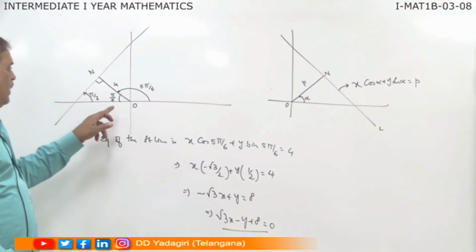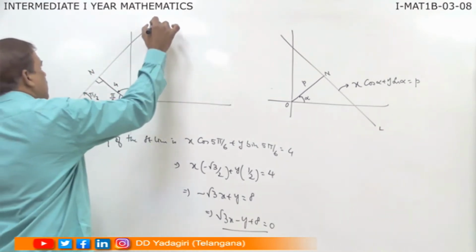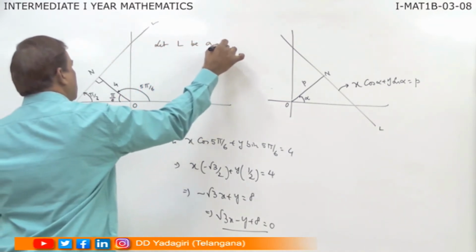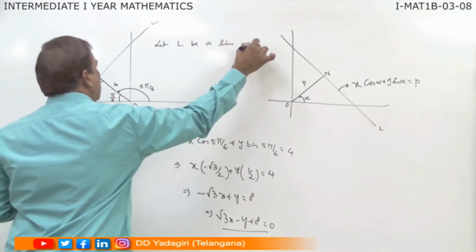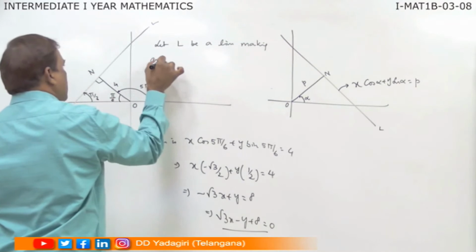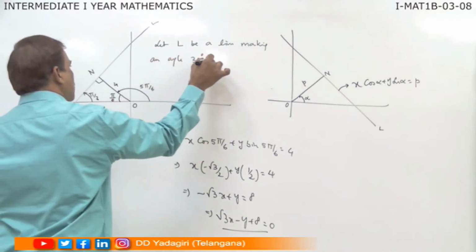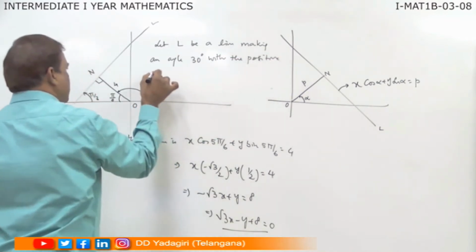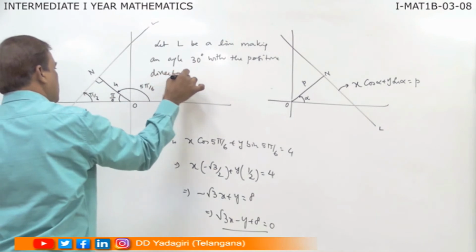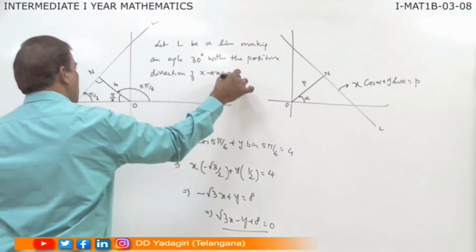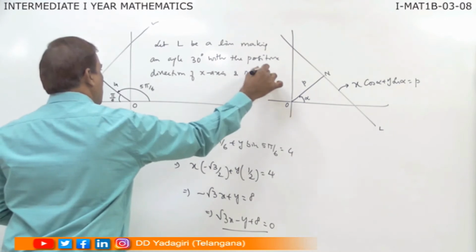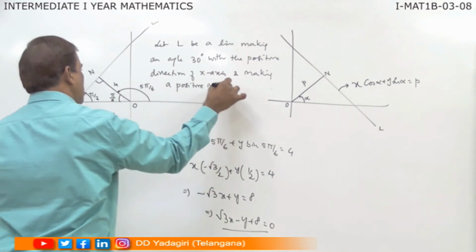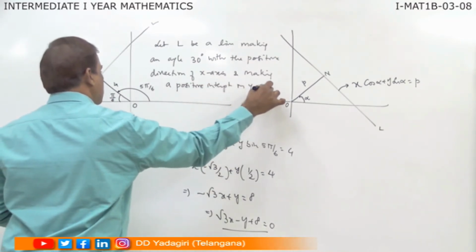So what we do here is, we'll write the steps like this. Let L be a line making an angle 30 degrees with the positive direction of x-axis, and making a positive intercept on y-axis.